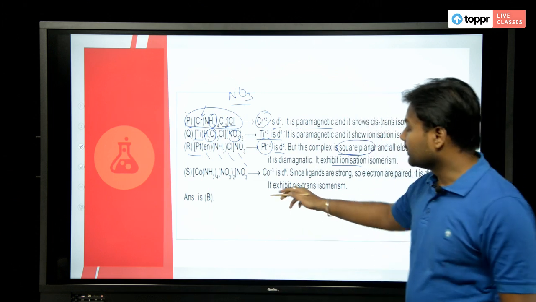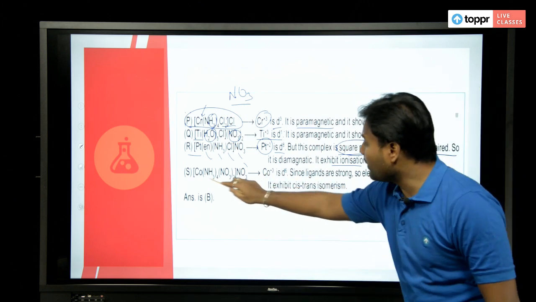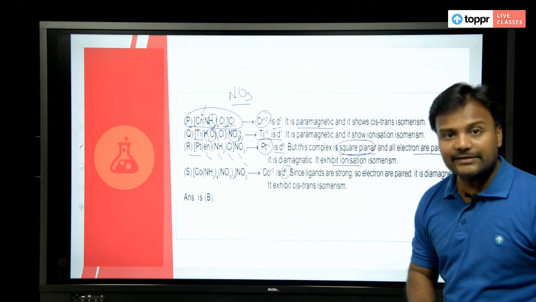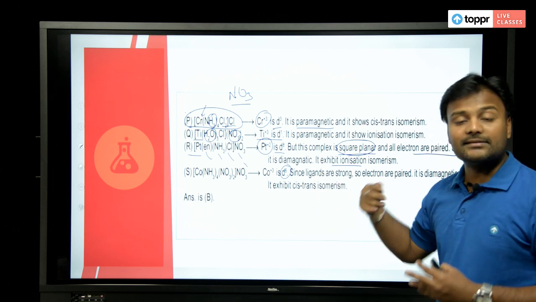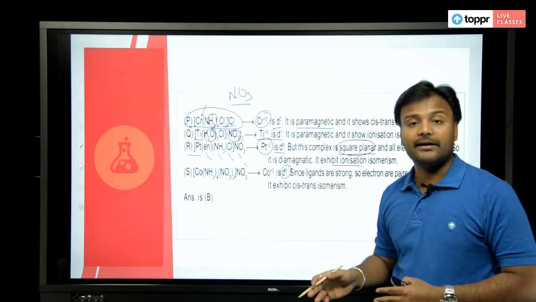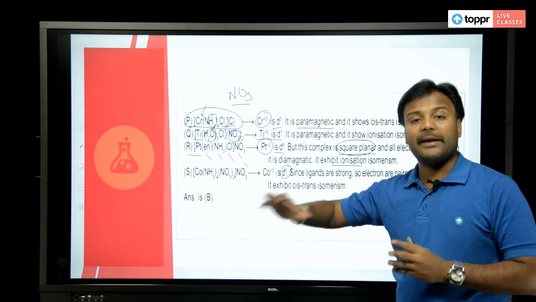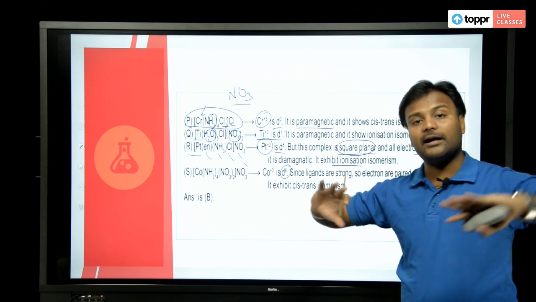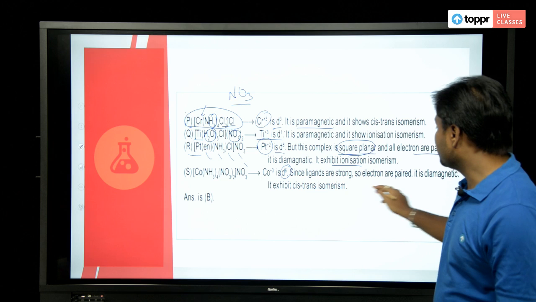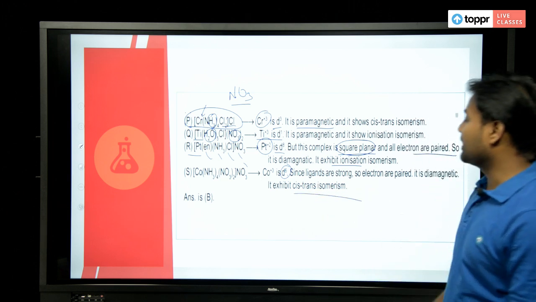Got it? The next one you have cobalt, which is having d6, that is 6 electrons, and if you pair it up you have 1 paired and 4 unpaired electrons, which is nothing but cis trans isomerism.